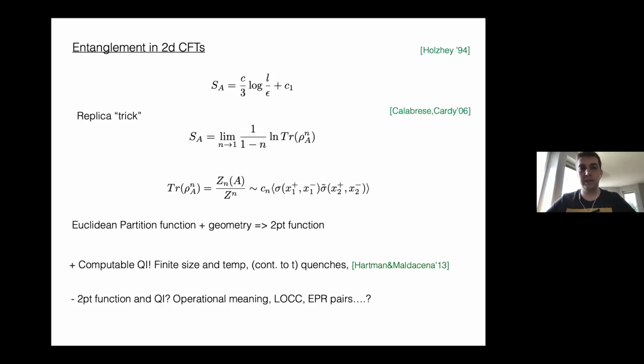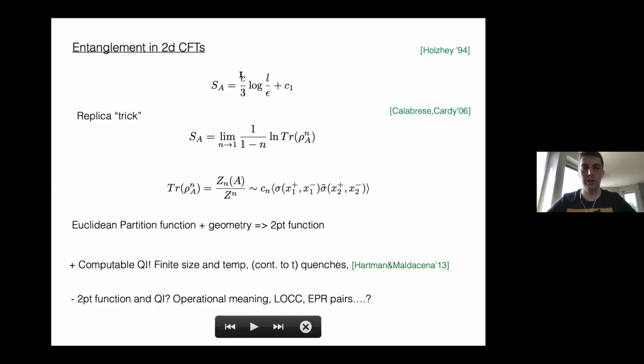It is proportional to the central charge c, the object I showed you before in CFT, and it just depends on the length of the region A in this way. The non-trivial part of this formula is also the cutoff epsilon. This will also be important later. The C1 is some non-universal constant that might vary from CFT to CFT, but in holographic CFTs, we are interested in c being large.